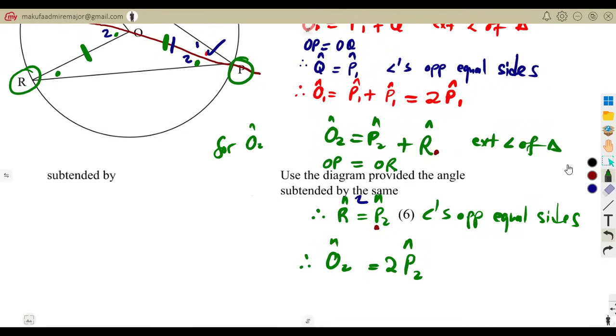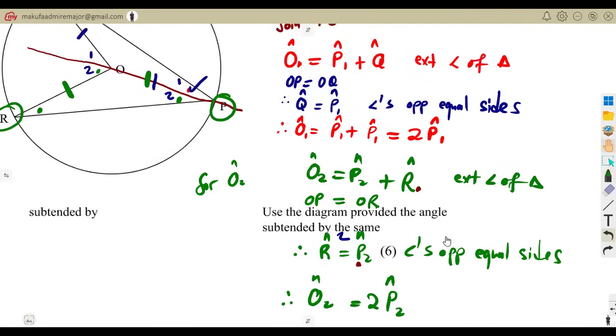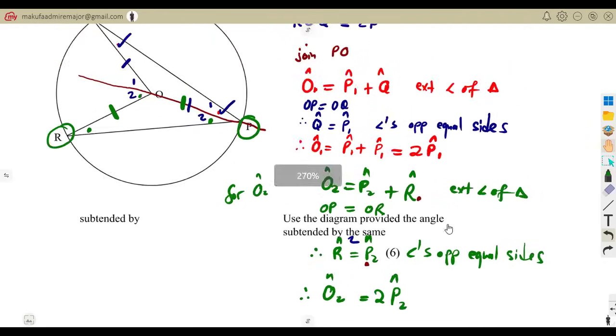So let's analyze now the theorem. We said O1 is 2P1, and angle O2 is 2P2.